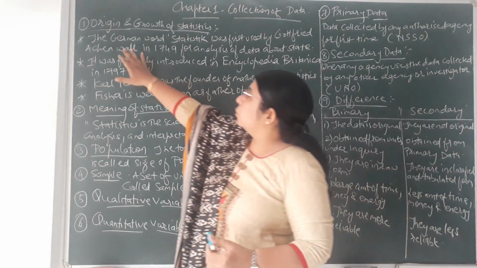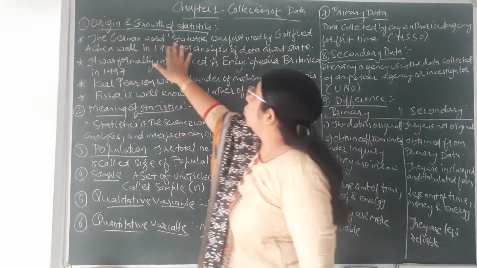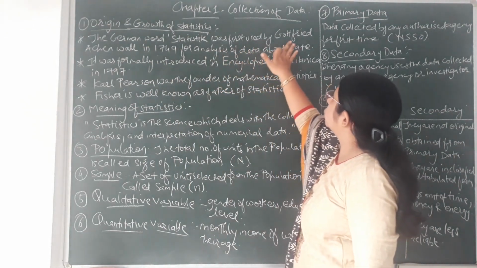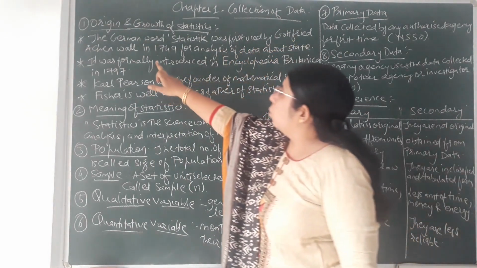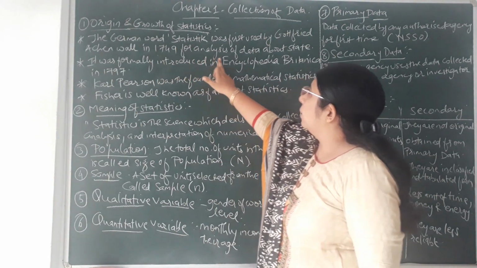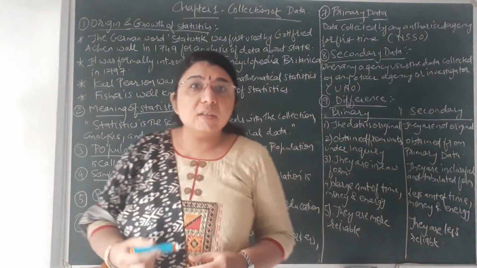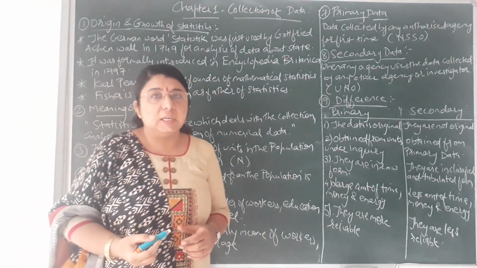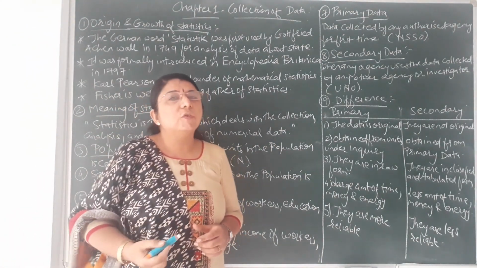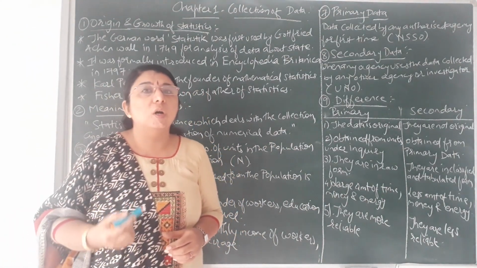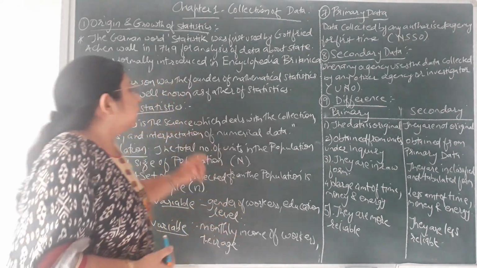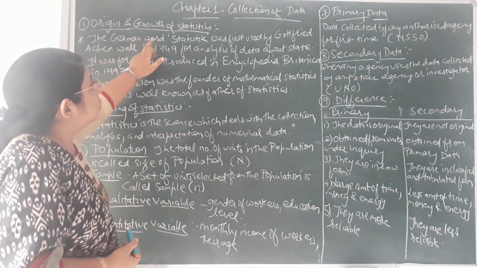Now, the first point that you can see is that the German word statistic was first used by Gottfried Achenwall in 1749 for analysis of data about the state. It means this is when the word statistic first arose, and he was the first person to use it.